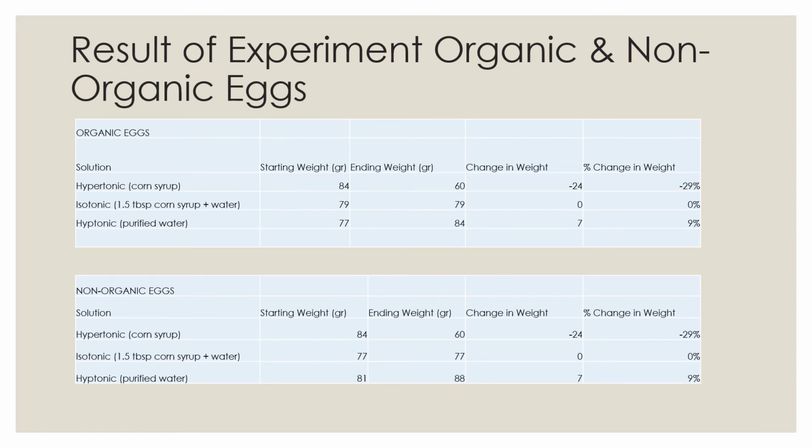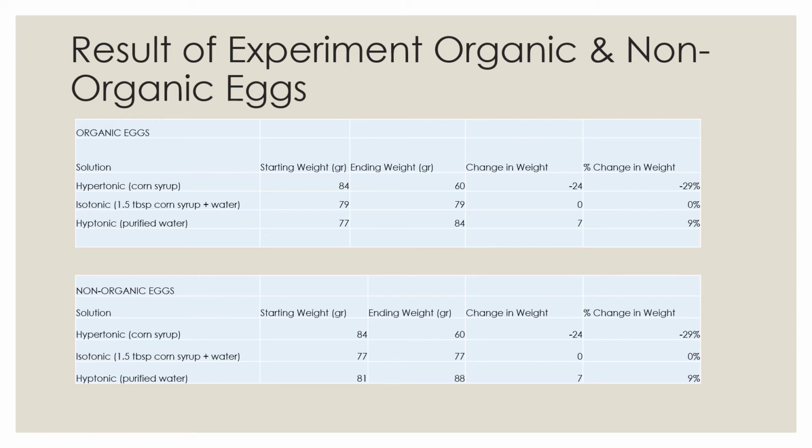So here are the results of the experiment for organic and non-organic eggs. It's interesting how organic and non-organic eggs, in these 3 different kinds of solution, both have the same percentage change in weight.